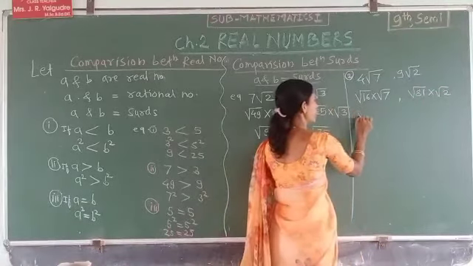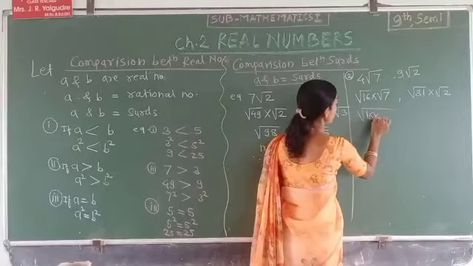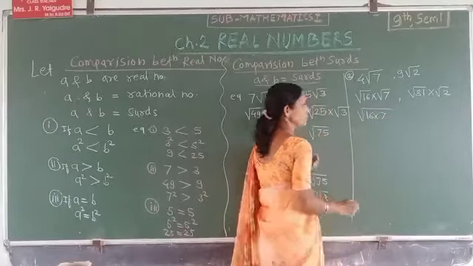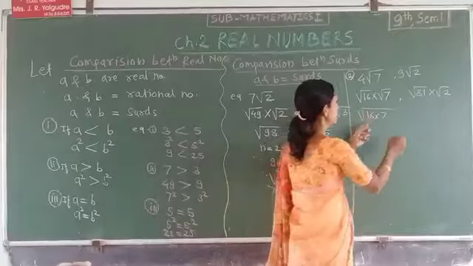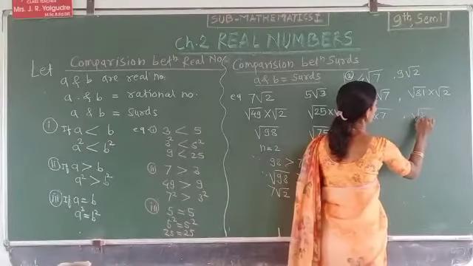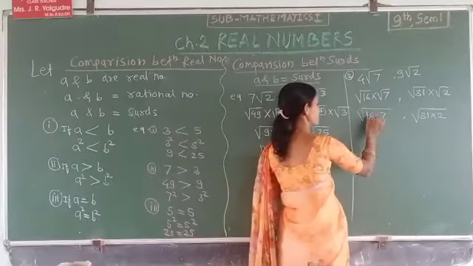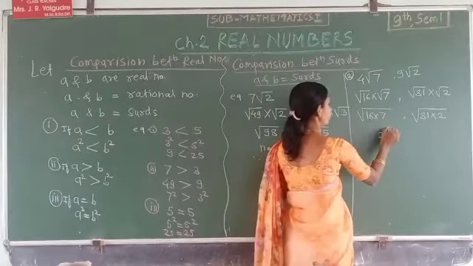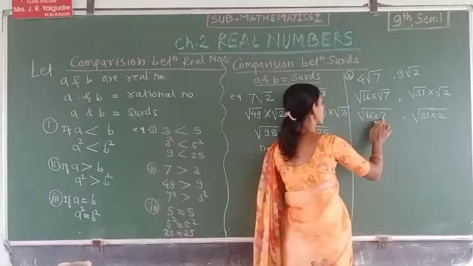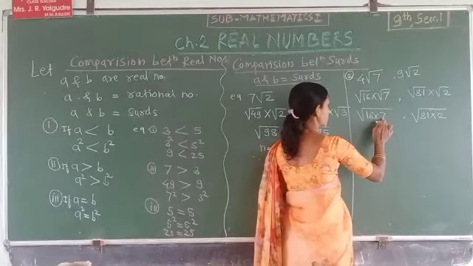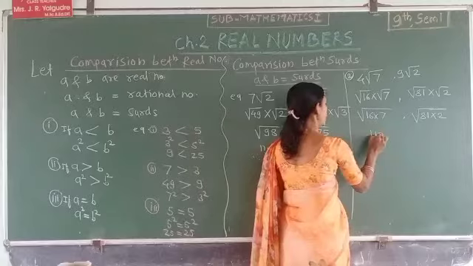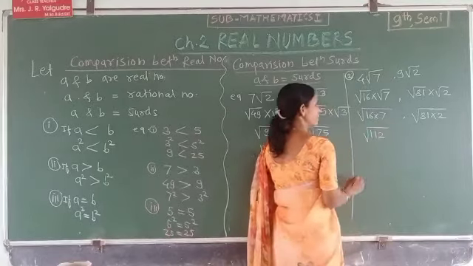Then see here, root 16 into 7, isn't it? And root 81 into 2. Then we have to write the multiplication of 16 into 7, that is 112.